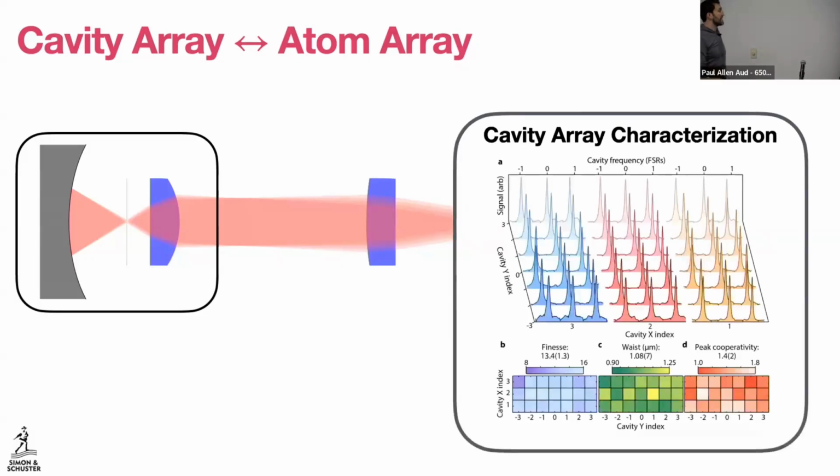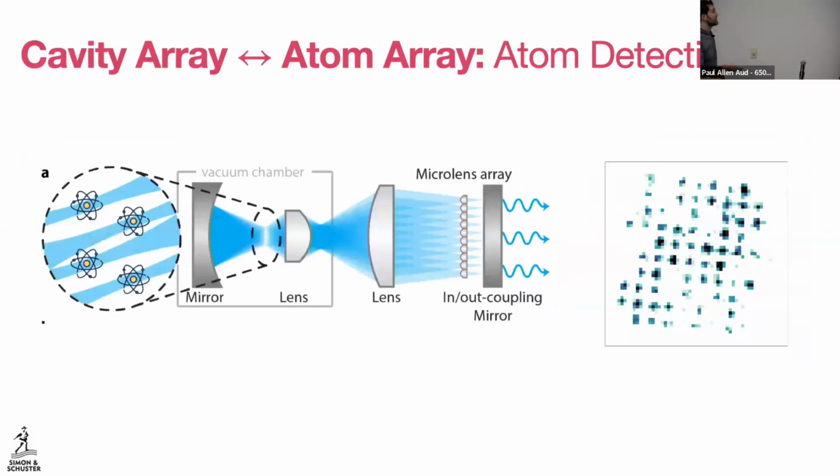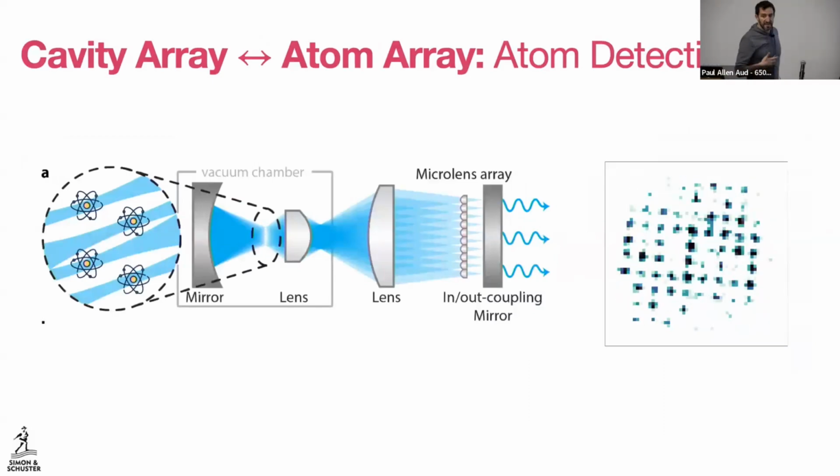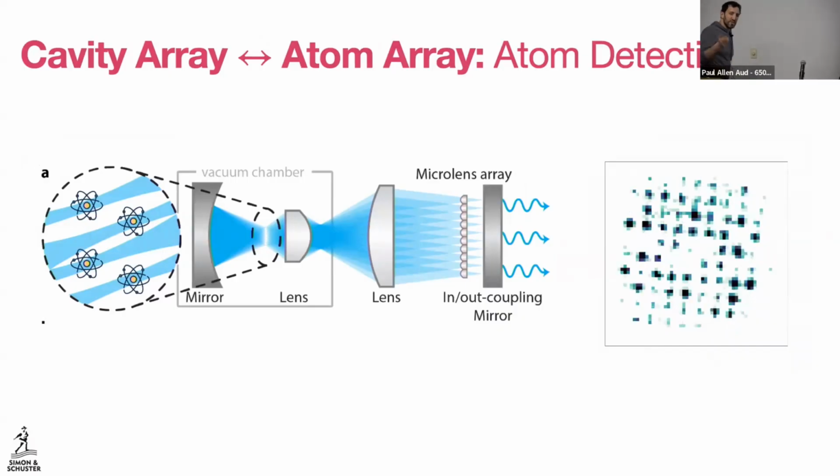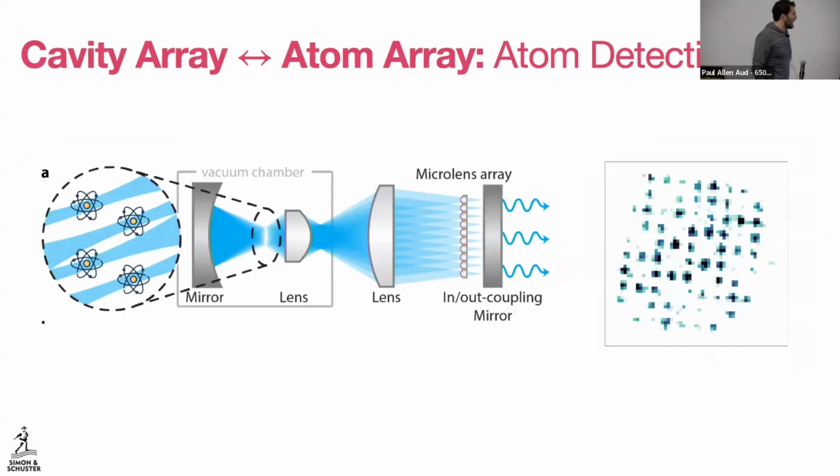And so we can characterize these cavities. Each one has a cooperativity of 1 to 2 in practice once we make this into an array, at a waist size of around 1 micron and a finesse of around 10 to 12. And we were then able to image single atoms through this thing on timescales of a couple of milliseconds, mostly limited by technical things.